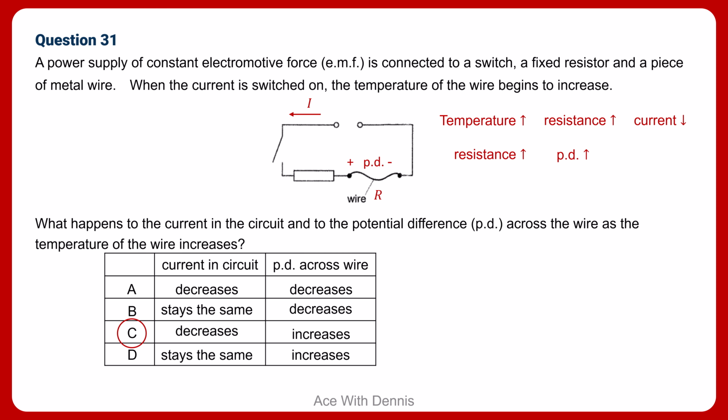This is because based on the potential divider formula, V2 equals R2 over R1 plus R2 times V in. So when R2, which is the resistance of the wire, increases, then V2, which is the potential difference across the wire, increases.